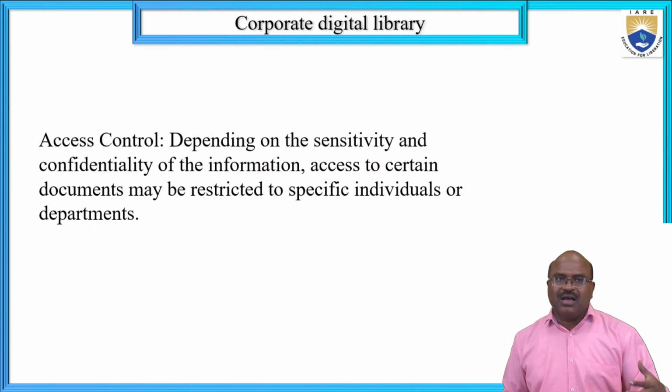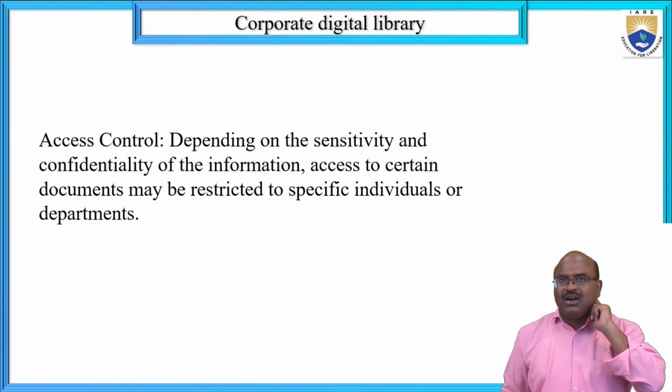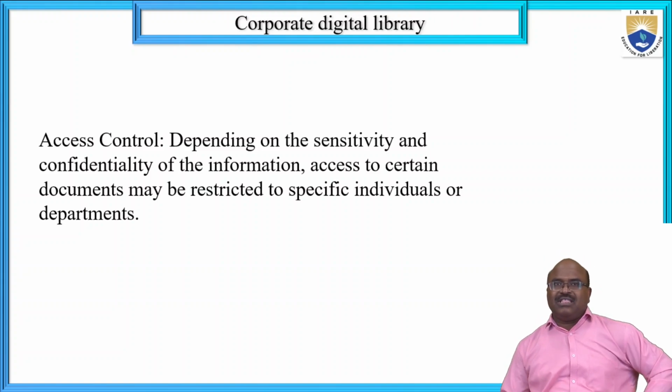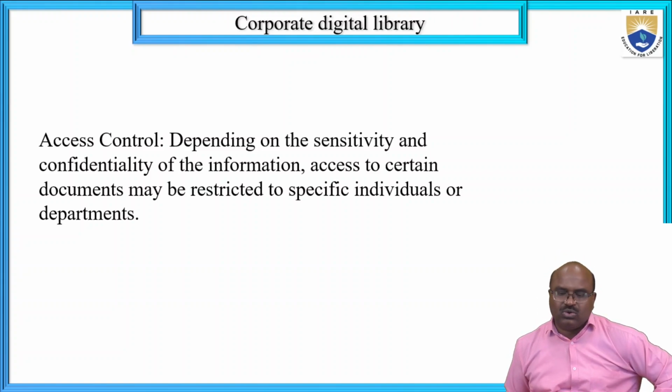Why? Because if an unwanted person enters, the data will automatically be corrupted. That is one of the responsibilities for useful data. Only authorized, authenticated persons can enter and retrieve the information with the help of access control. So that is also one of the important criteria of the corporate digital library.